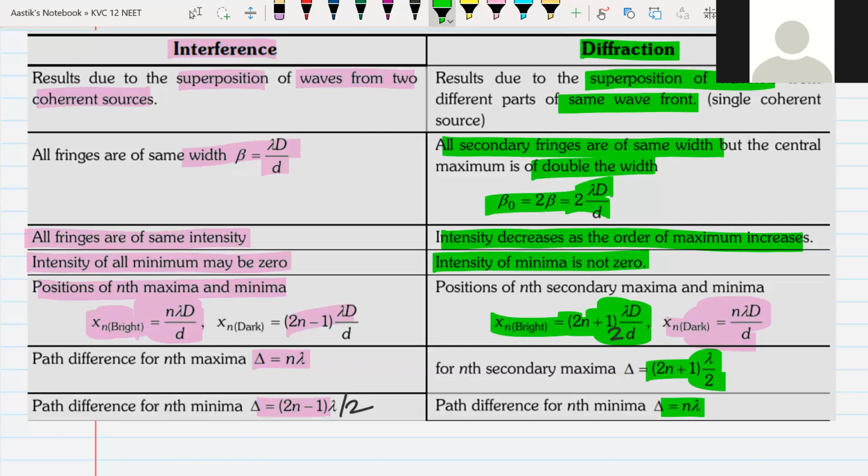Note everything down, beta. Every point is a question. This is a very small topic and we are finished with this topic. So note them down carefully.